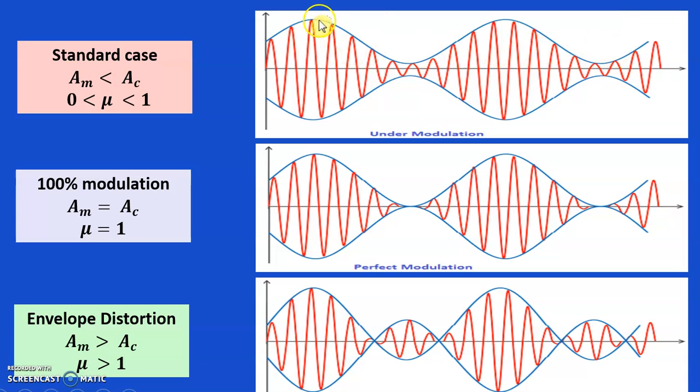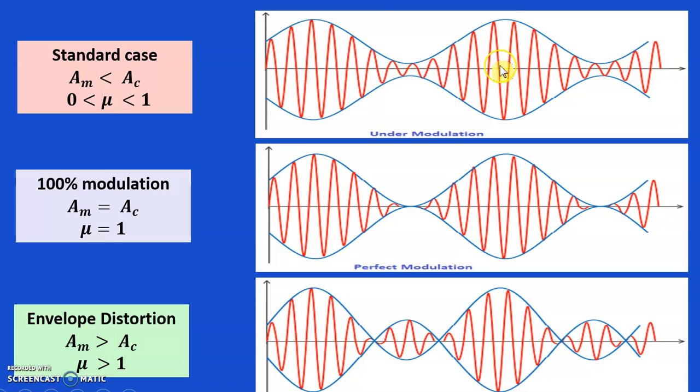We will have here the maximum, A max, and we will have the minimum value, A minimum, which will be above the 0 level. So here we have the standard case, and we can extract the message which is buried in the envelope of the AM wave.